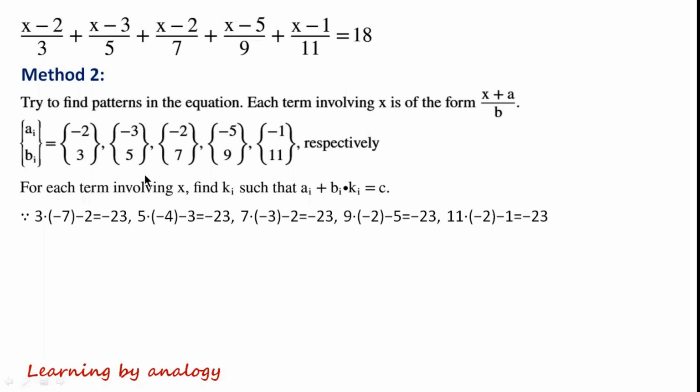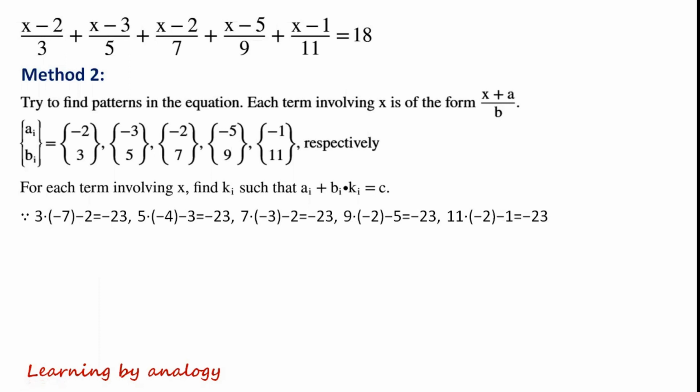So it's possible that c, equal to ai plus bi times ki, equals -23. First, look at a1, b1 again. 3 times -7 minus 2 gives us -23.